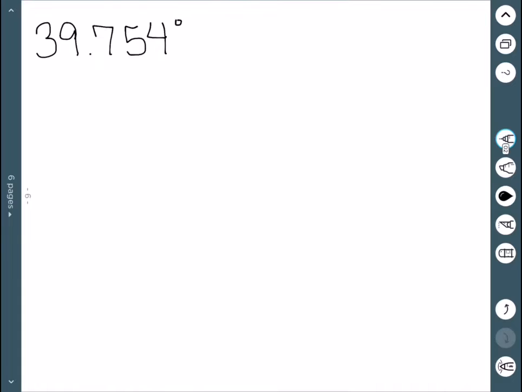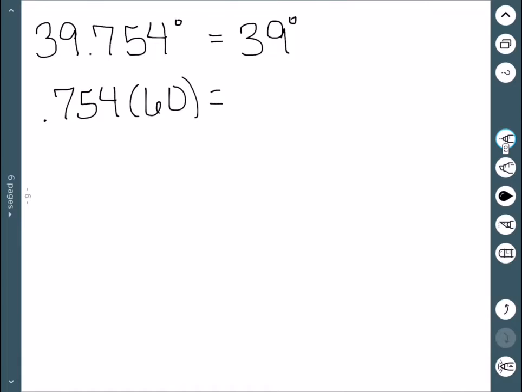For this one, we have an angle that's currently a decimal that we want to write in terms of degrees, minutes, and seconds. First off, we already know it's 39 degrees and we only need to find the minutes and seconds, and that's going to come from this decimal. When we went the other way, we divided by 60, so now we will multiply by 60. And so we have 0.754 times 60 is 45.24.